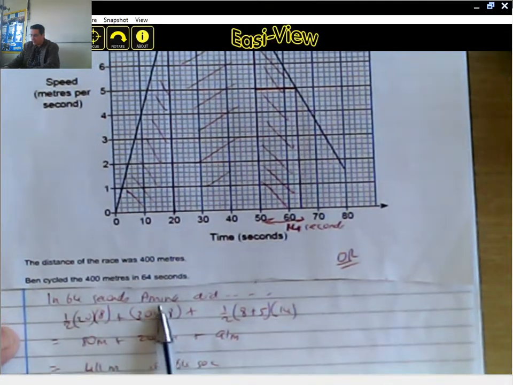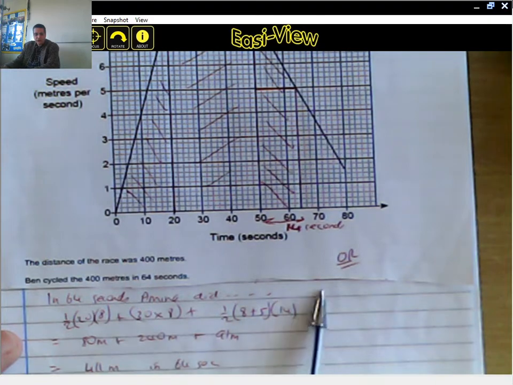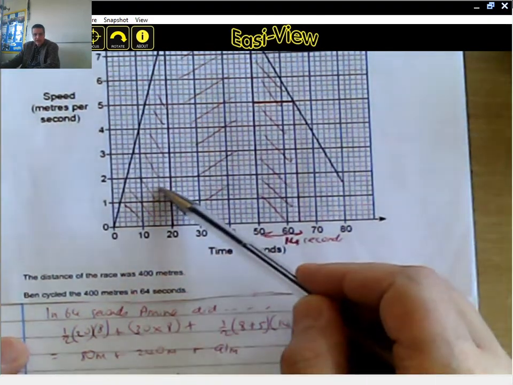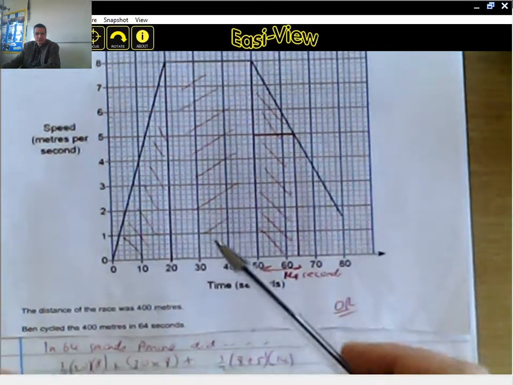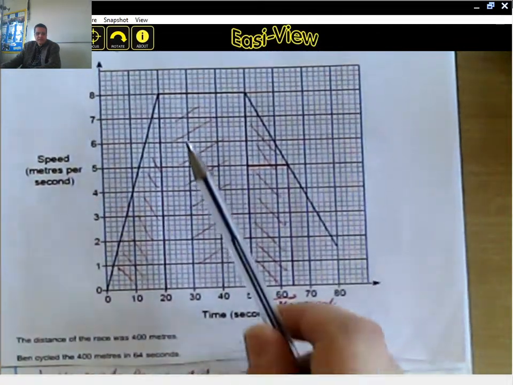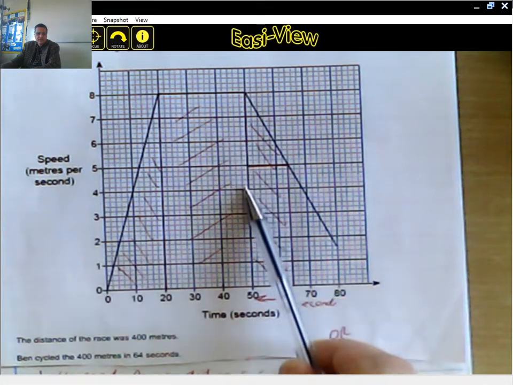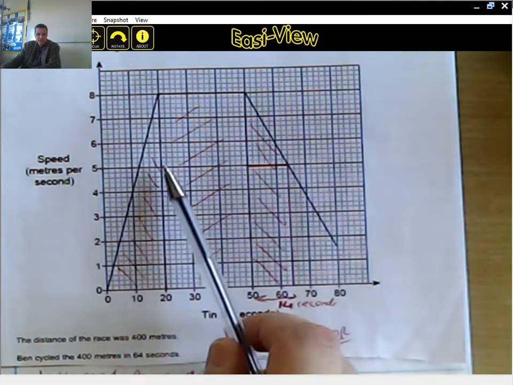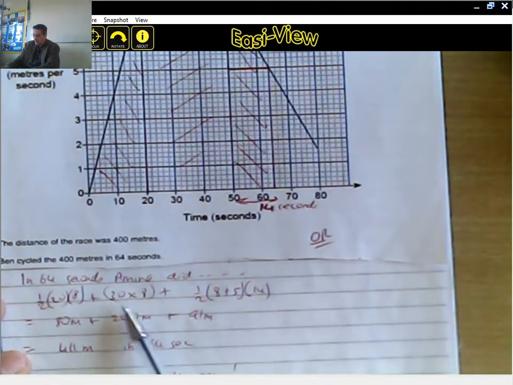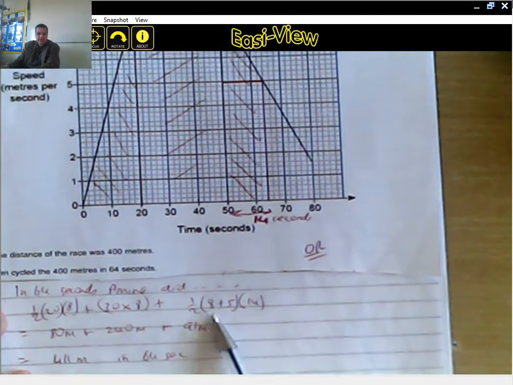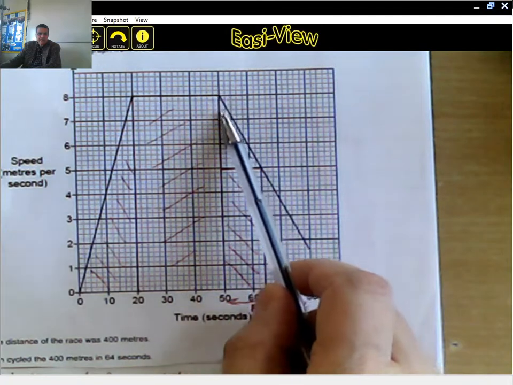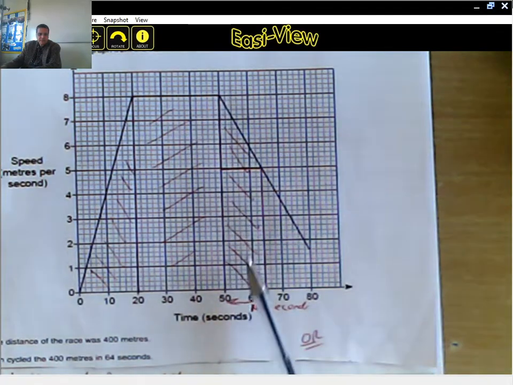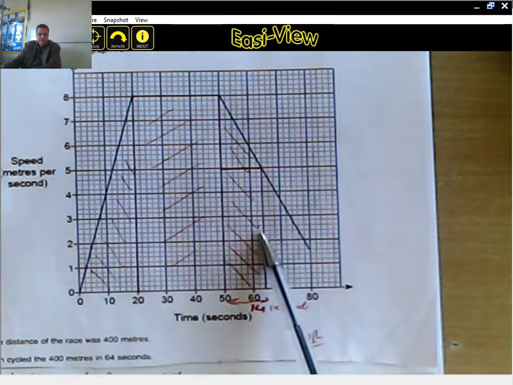So in 64 seconds Amina did this area here, half base times height, half times 20 times 8, and this middle chunk is going to be 30 times 8, and this chunk here is going to be half a plus b times h. My a is 8, my b is 5.